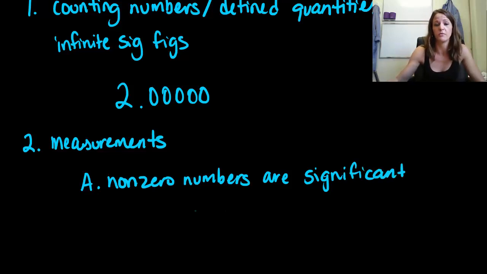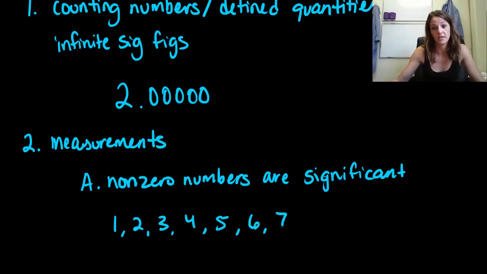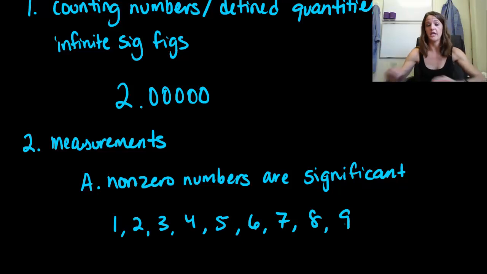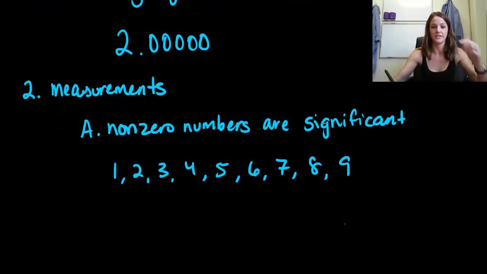There's a very small number of them. You have 1, 2, 3, 4, 5, 6, 7, 8, or 9. Those are the only options we have here. Those are always significant numbers. If you ever see a 3 or a 7 or a 9 or a 1, any of those numbers, they are always considered significant. Okay, that's important.